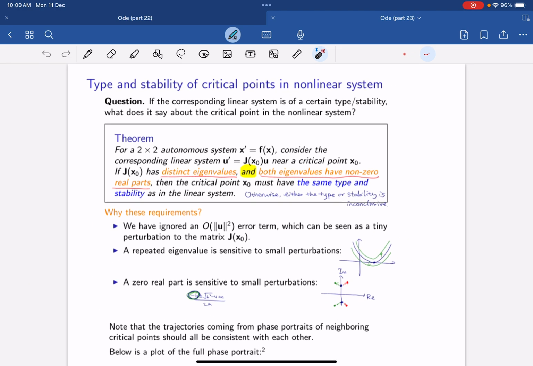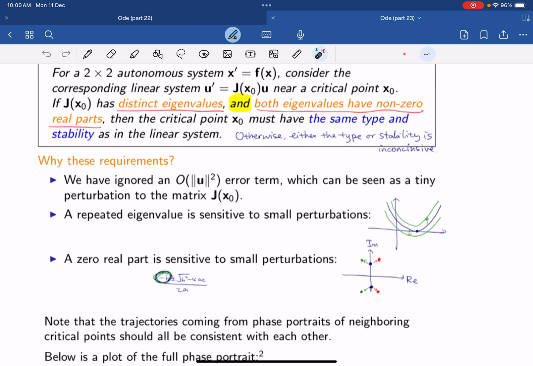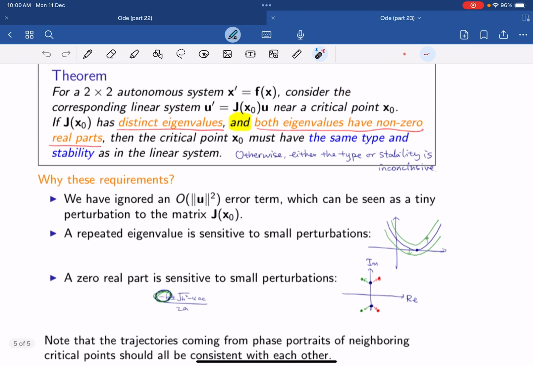So why do we have such requirements? Well, because we ignored the error term. The error term will just be a tiny perturbation of the Jacobian matrix. And a repeated eigenvalue is sensitive to this small perturbation.